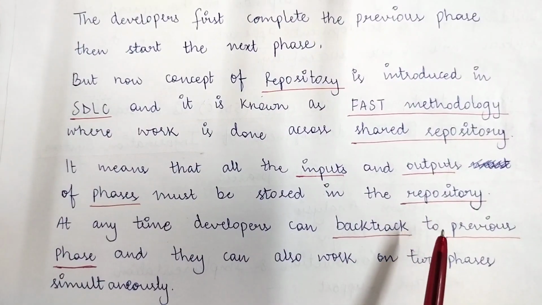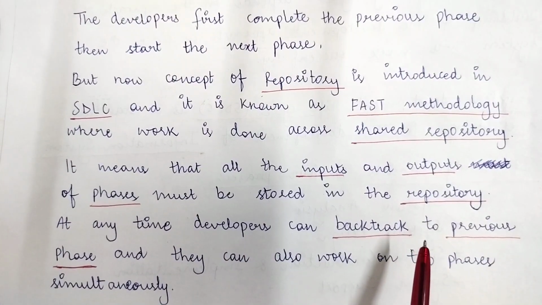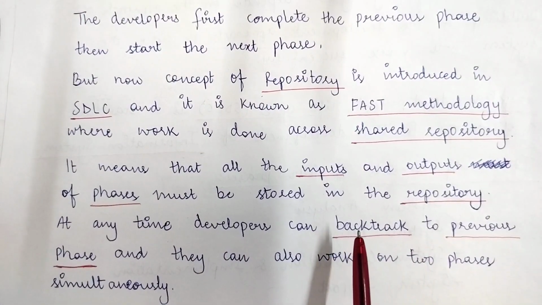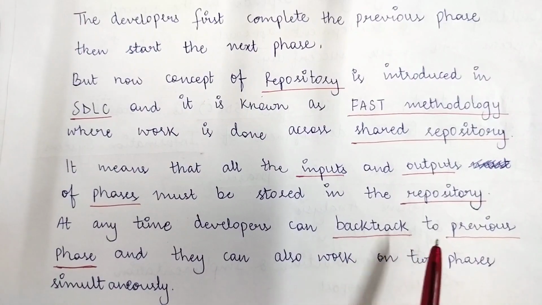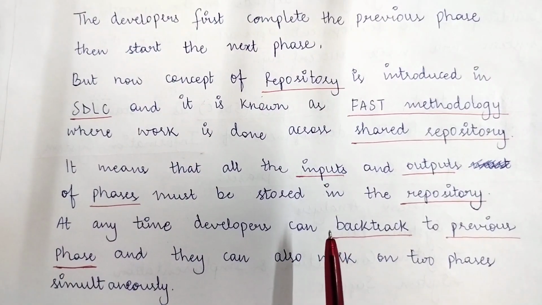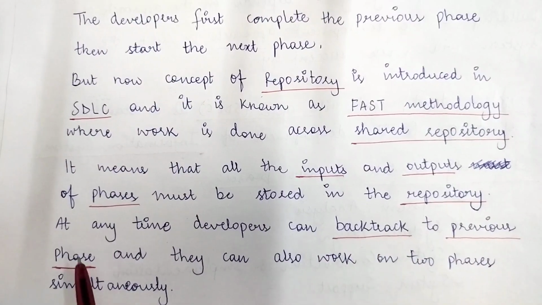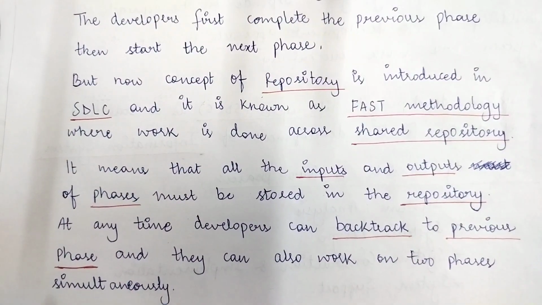Once they are stored in the repository, they are saved there, and the developers can fetch them any time. This gives them the flexibility to backtrack to the previous phases also. It's not that once they have moved on from a phase, they cannot go back to it. They can backtrack to previous phases, and they can also work on two phases simultaneously.